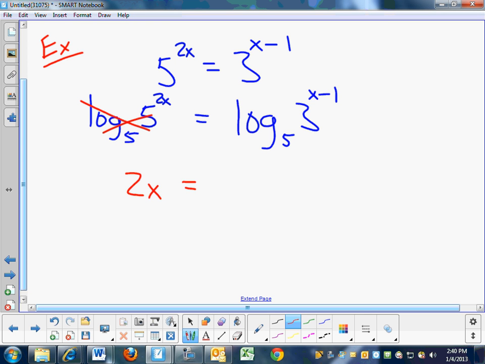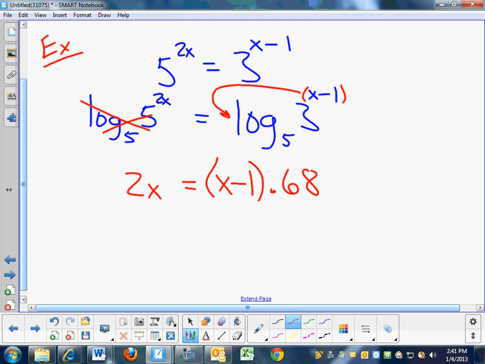I need to get at that x, though. Is there another way of getting at that x? Danny sees it. You could take this and put it right there. Right? So I will have parentheses x minus 1 times, what is log base 5 of 3? I do log of 3 divided by log of 5, and I get 0.68.